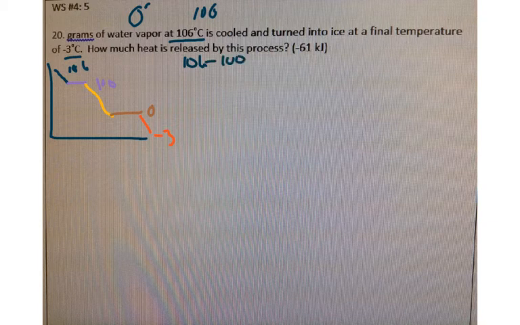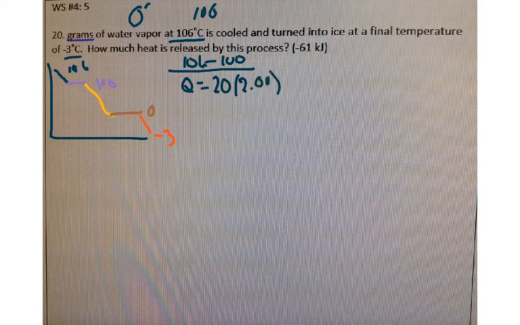As I've done in the previous problems, anytime I am going down in temperature, I'm going to be using Q equals mCΔT. My mass in this case is always going to be 20 grams. My C for this situation, looking at the very front of your page, is the C for gaseous water, so that would be 2.00.